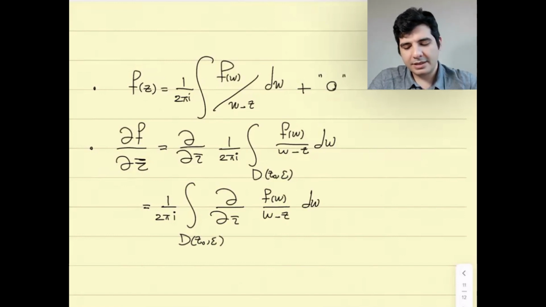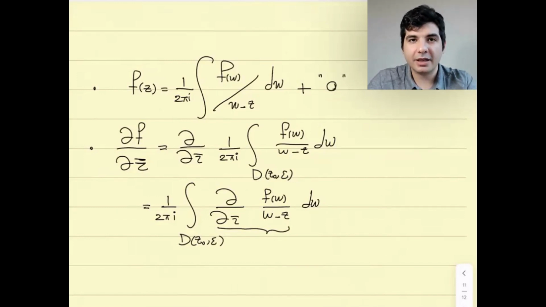But what is this thing inside? You see, when we're taking the derivative with respect to z or z bar, it means our variable is z or z bar. It means w is like a constant, right? It's just like when we used to take derivatives with respect to x and y. When we take the derivative with respect to x, y behaves like a constant. And when we take the derivative with respect to y, x is fixed and constant.